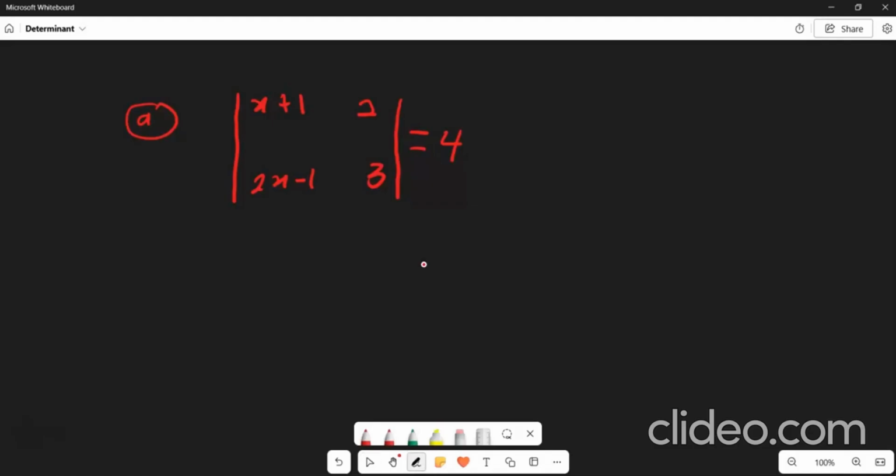The same procedure: you multiply the product of the leading diagonal, so you have 3 times bracket x plus 1, minus the product of the minor diagonal, which in this case is 2 times 2x minus 1, equal to 4.